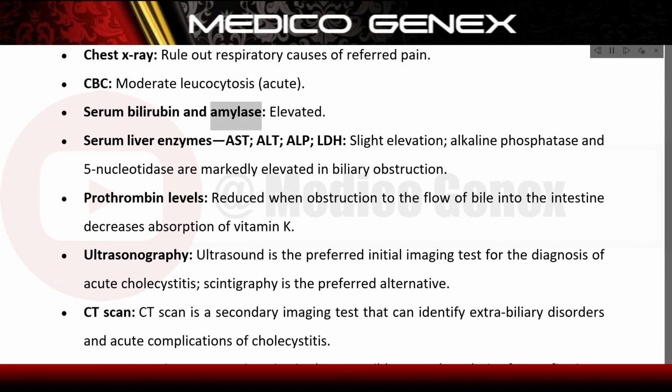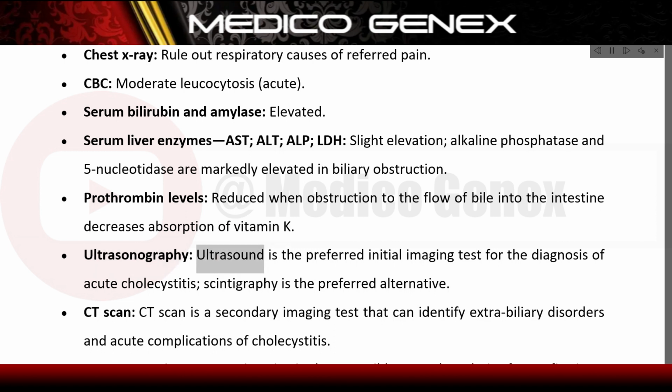Serum bilirubin and amylase: elevated. Serum liver enzymes AST, ALT, ALP, LDH: slight elevation. Alkaline phosphatase and 5-nucleotidase are markedly elevated in biliary obstruction. Prothrombin levels: reduced when obstruction to the flow of bile into the intestine decreases absorption of vitamin K.